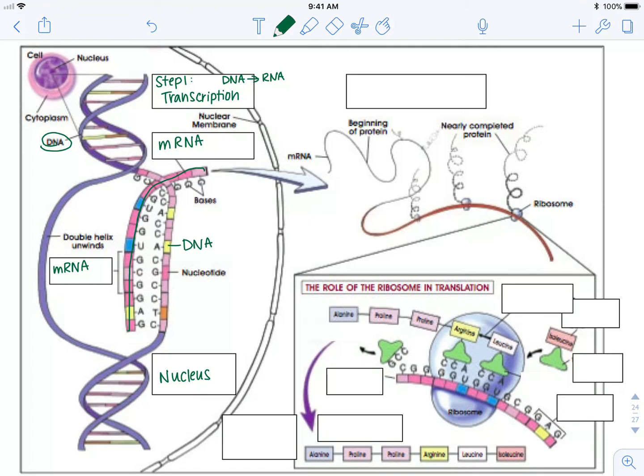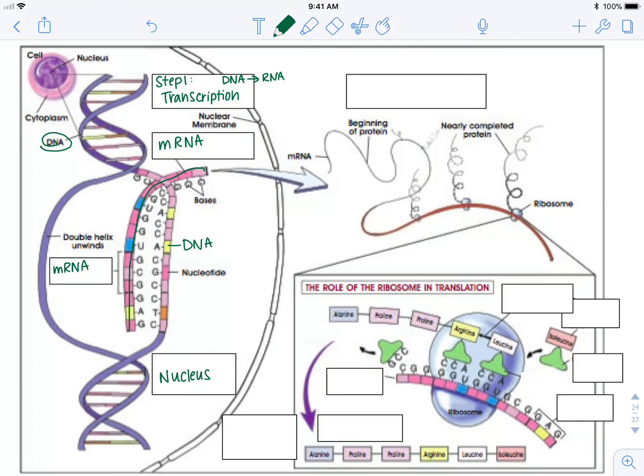The major players are the DNA, which is really that big purple molecule. They've zoomed in a little to show us the different nucleotides within that DNA molecule, but it unwound, got unzipped, and we started to create the mRNA based off of those base pairing rules.